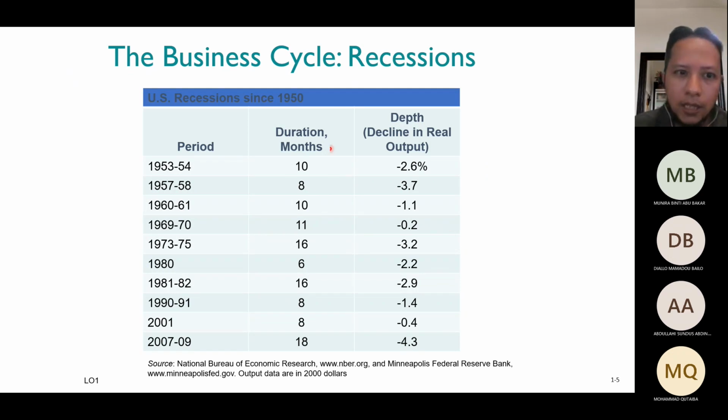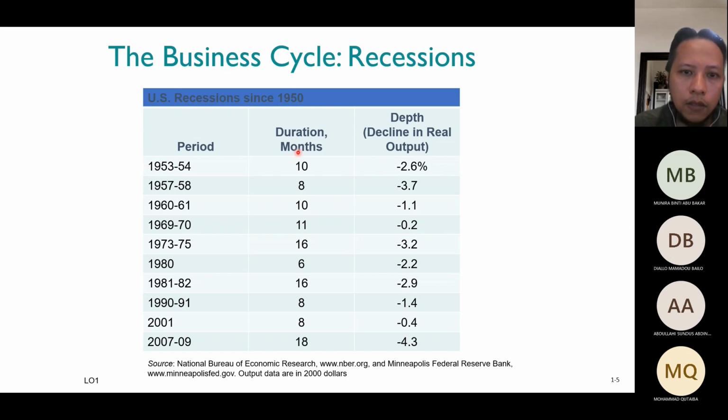So this is the table that shows the recessions that happened in the US, from 2007, 2009, 2001, 1990, 1980, 1970, 1960, 1950, roughly.